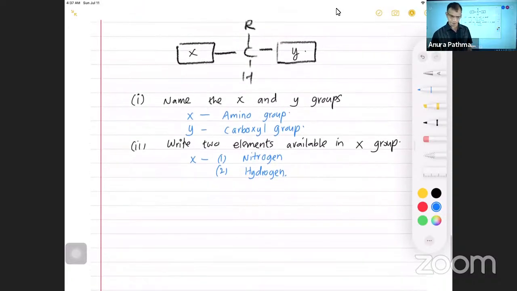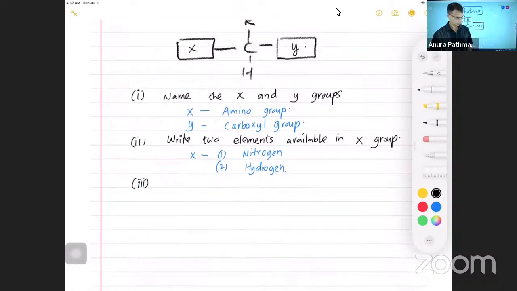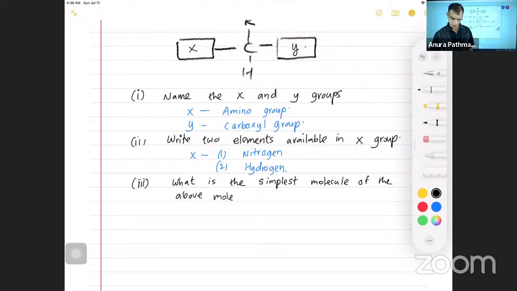And my next question, the third one. What is the simplest molecule of the above molecule?